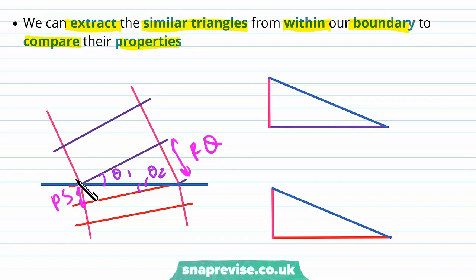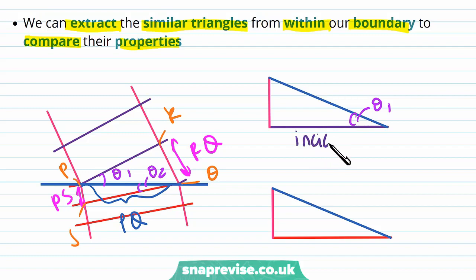And we said that this point here was P, this point here was R, Q, and S. So that tells us that along the interface, this length is PQ. So this will be easier to label on the extracted triangles. So the first one here has angle θ1, and this is the angle made with the incident wavefront. So that's what we've got here, the incident wavefront.